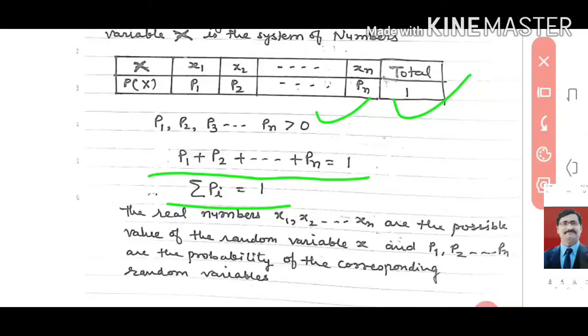Now the real numbers x1, x2, up to xn are the possible values of the random variable X, and p1, p2, up to pn are the probabilities of the corresponding values. So I hope you understand this part.